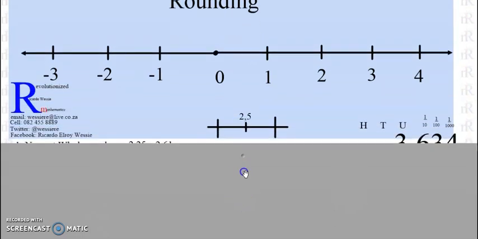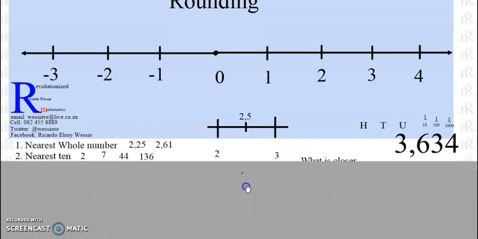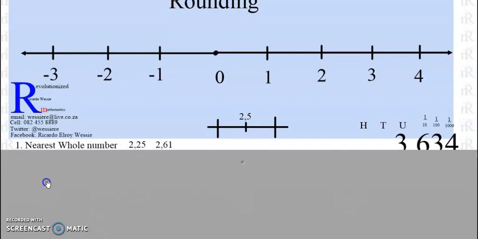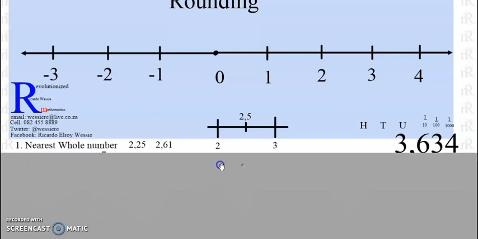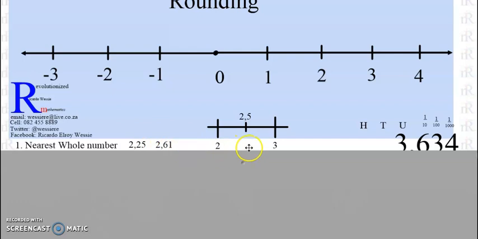We are given the following numbers, and we have to round these numbers to the nearest whole number. 2,25 and 2,61. So if I have my number line and I have 2 over here and I have 3 over there, now 2,25 lies between 2 and 3, and 2,61 lies between 2 and 3.